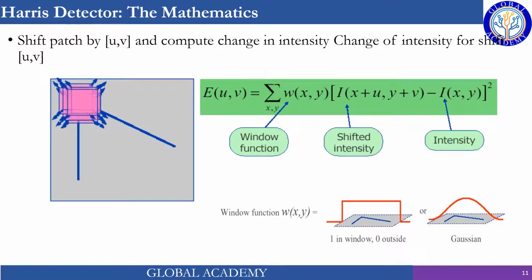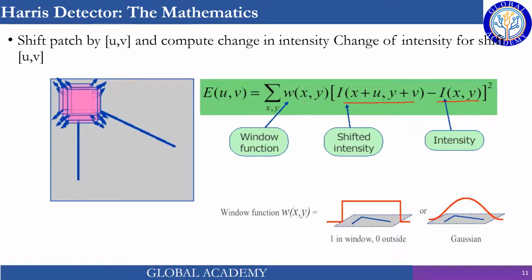So here is the mathematical formula. We have the original patch at x, y, and then we have the same patch but translated along the x-axis by u and along the y-axis by v, and then a window just to truncate this image. Then take the difference, then take the square, then add them to measure the change in intensity.